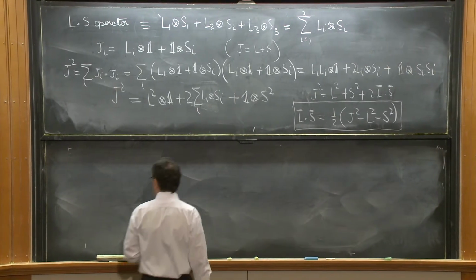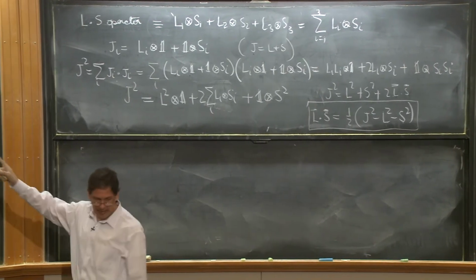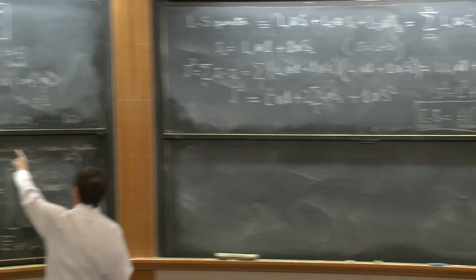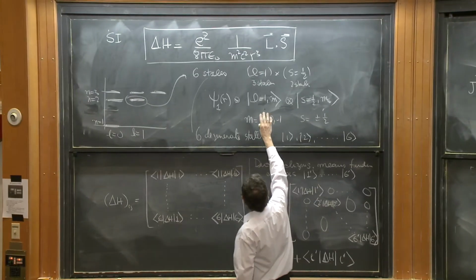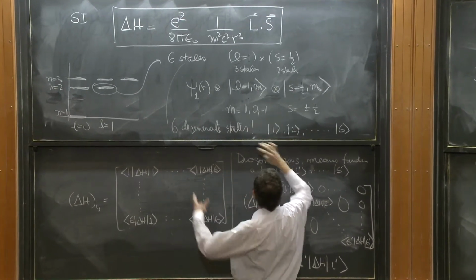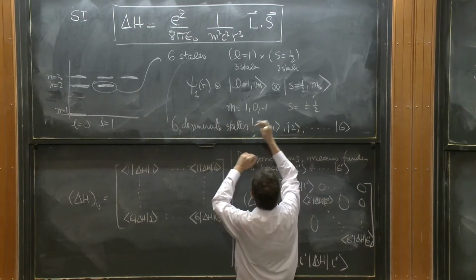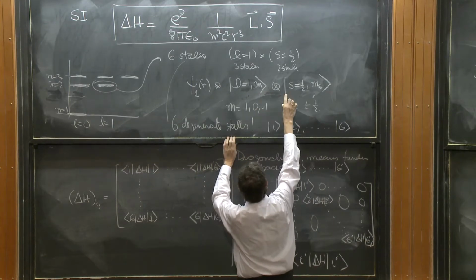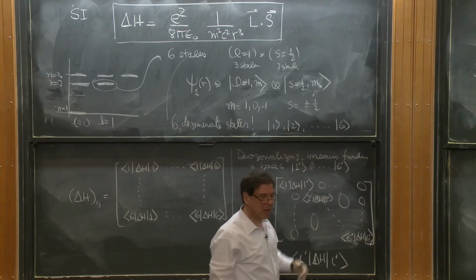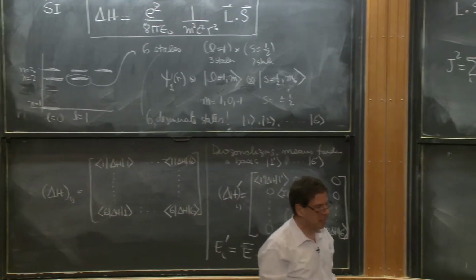Some terminology: these original states are called the uncoupled states. You're not coupling in a non-trivial way. You're not entangling angular momentum and spin. It's just a product. So these are called uncoupled states.